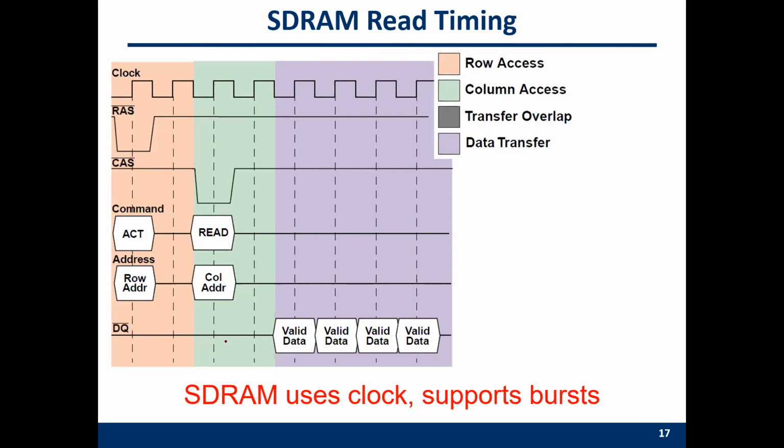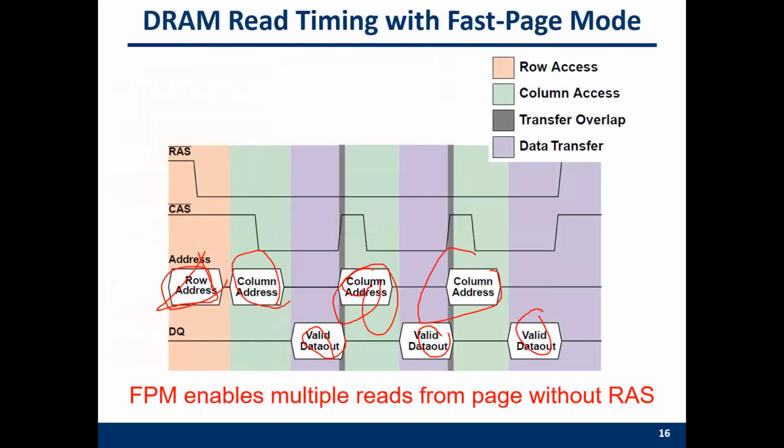Now SDRAM stands for so-called synchronized DRAM. Synchronized DRAM means it has a clock. So you have a clock here. When you have the row address strobe and column address strobe, you can utilize this clock signal to get multiple pieces of data. In this way, you don't need to send a CAS each time.